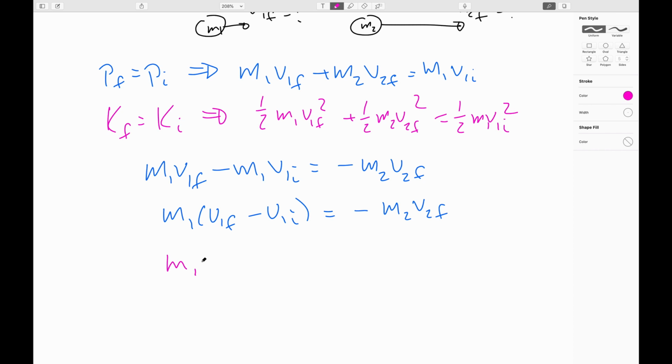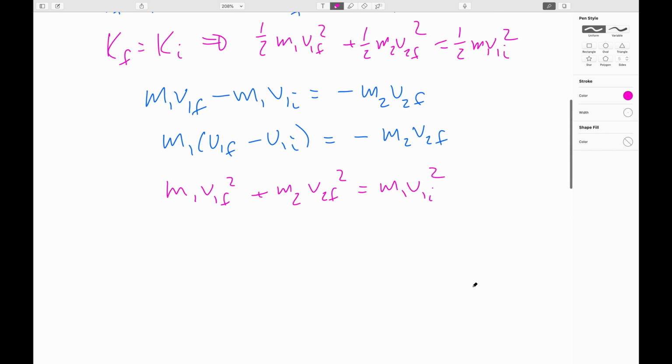So that'll give me M1 V1 final squared plus M2 V2 final squared equals M1 V1 initial squared. And we're going to do the same game. We're going to put all the V1s on one side, the V2s on the other side. That will give me M1 V1 final squared minus M1 V1 initial squared equals minus M2 V2 final squared.